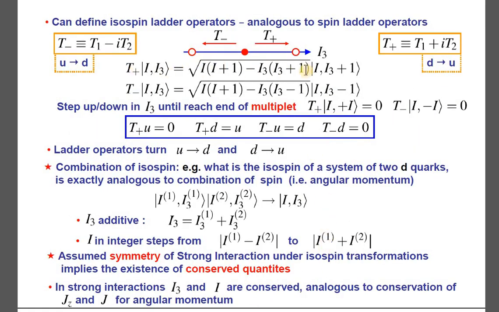And as a result, you see this is the operator. Now these step up or down in I3 until reaching the end of the multiplet. So the end ones have this property. Now the ladder operators turn u to d and d to u as I have shown here.